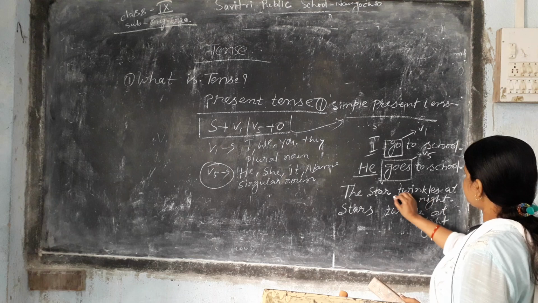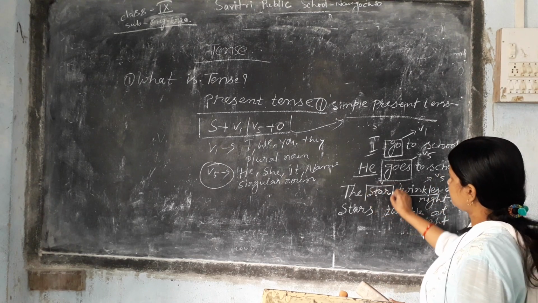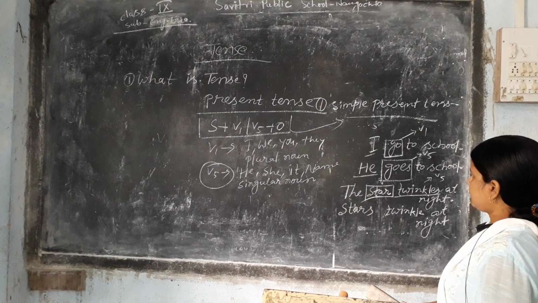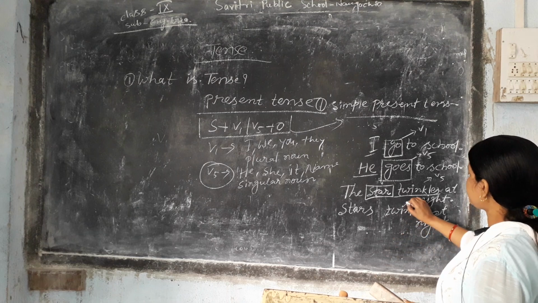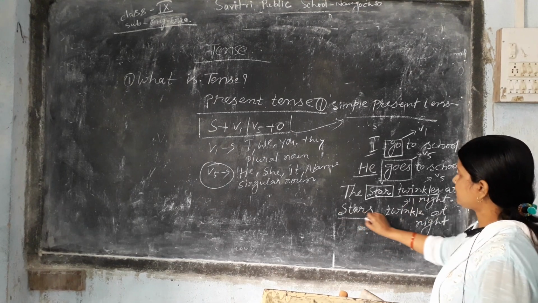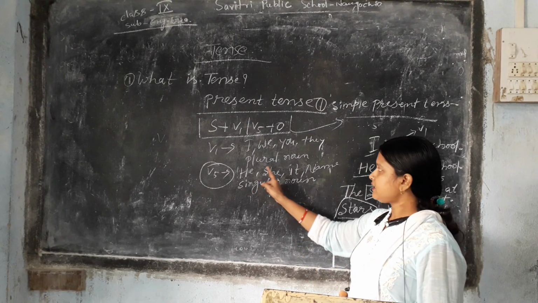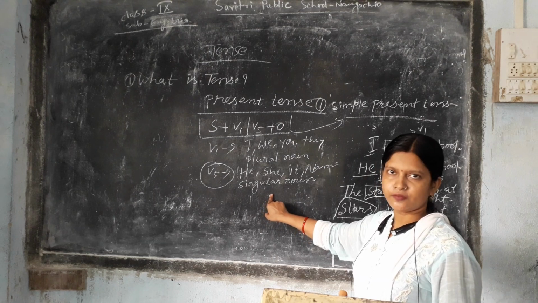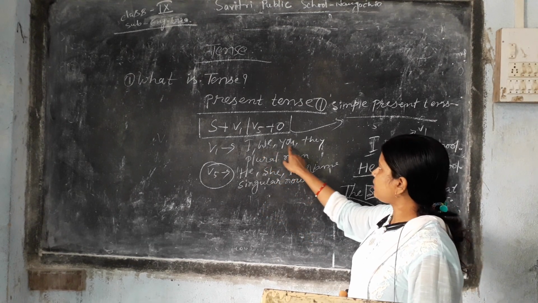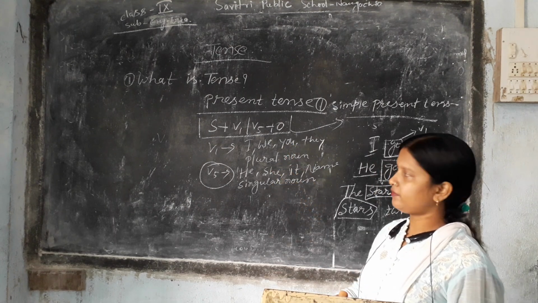This is fifth form, V5 with singular noun, and this is V1 with plural noun. So he, she, it, name and singular noun follow the fifth form of verb, and I, we, you, they and plural noun follow the first form of the verb.